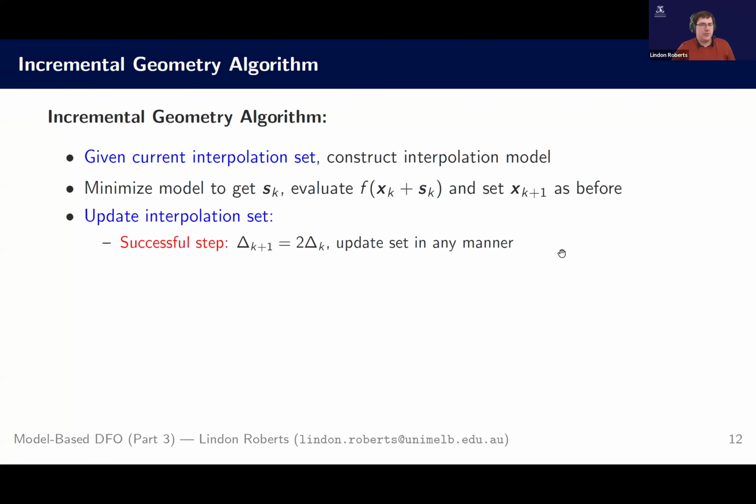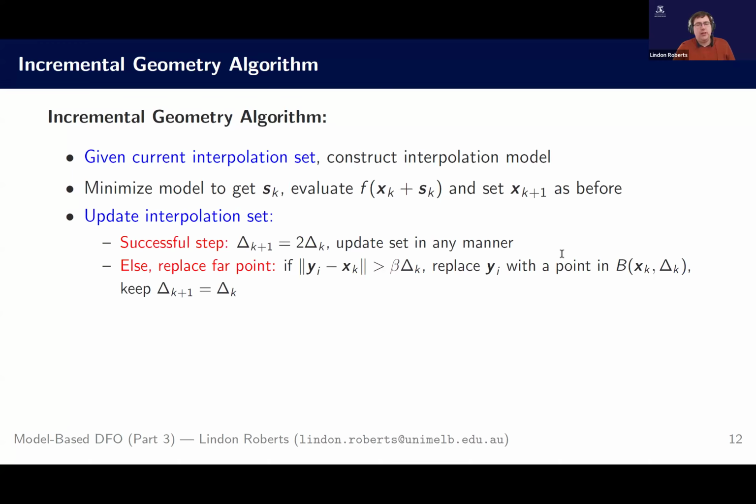If you have an unsuccessful step, if you're rejecting x plus s and you're going to stay at xk, what should you do? The first thing you should do is get rid of any faraway points. So if you've got any points that are too far away from your current iterate, replace that point with a new point that's inside your trust region, and don't change your radius. Don't shrink your radius. Just replace a faraway point with a point that's closer to xk.